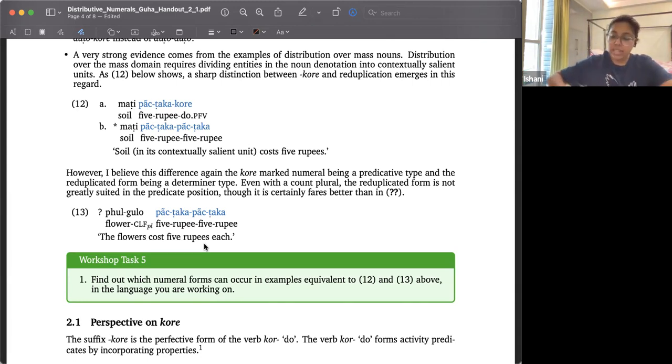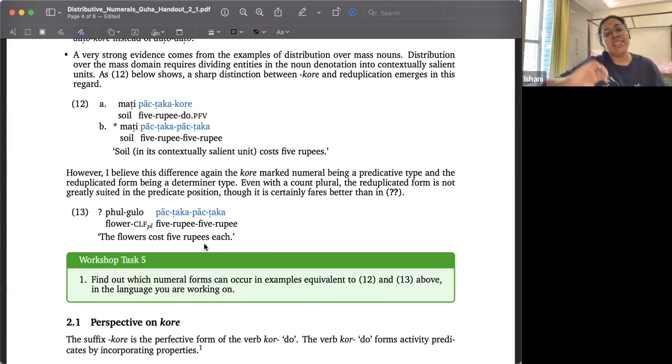So I think it's more than just whether core can distribute over non-atomic units and reduplication cannot. It is also about whether core can be used as a predicate or not, and whether reduplicated forms can occur as a predicate or not.